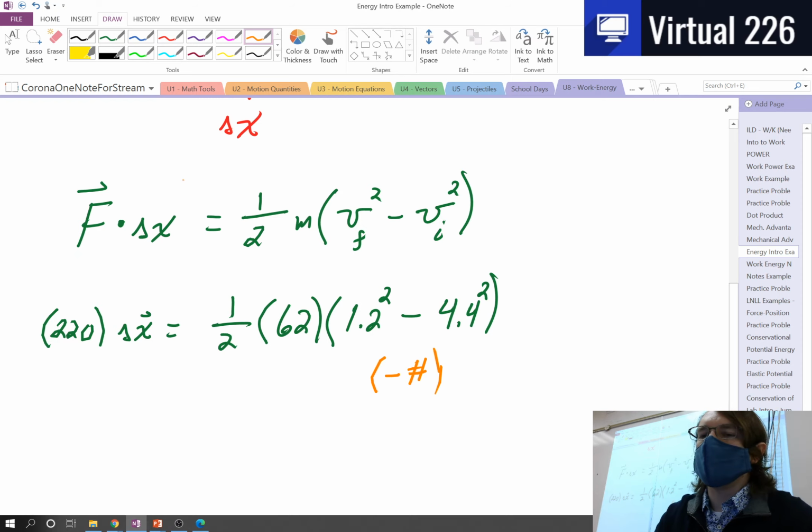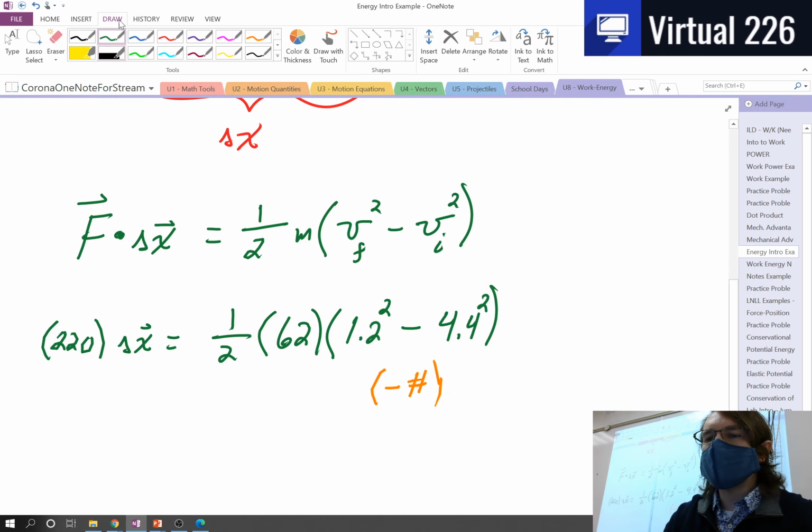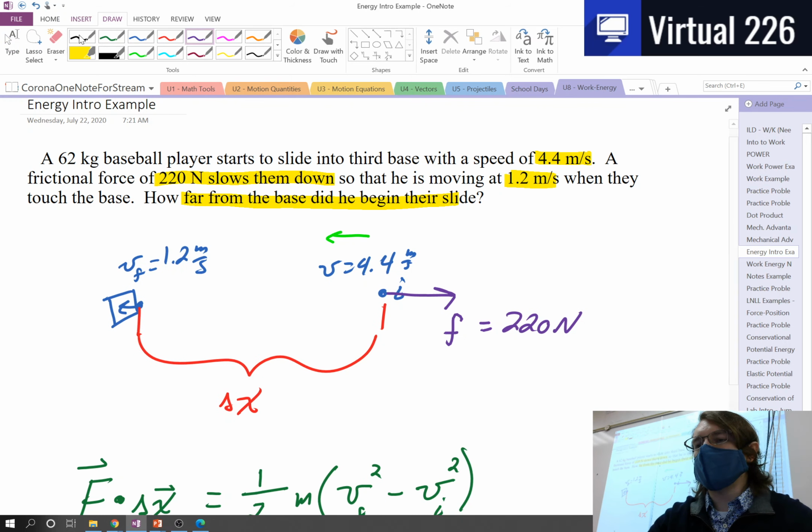What we need to recall is that these F and delta x were vectors, and they were dotted together. Which means that there is an extra cosine component right here. There is a cosine of some angle theta. And if we go back and look at our picture, we note that our displacement is to the left.